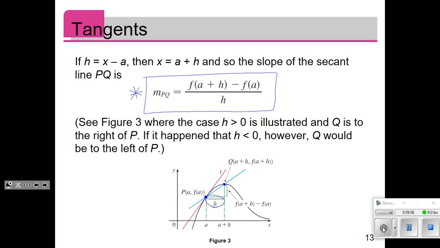Over here, h is your difference. You see this? This is h. So as h gets small, as h approaches 0, is essentially what we're after here, as Q approaches P.